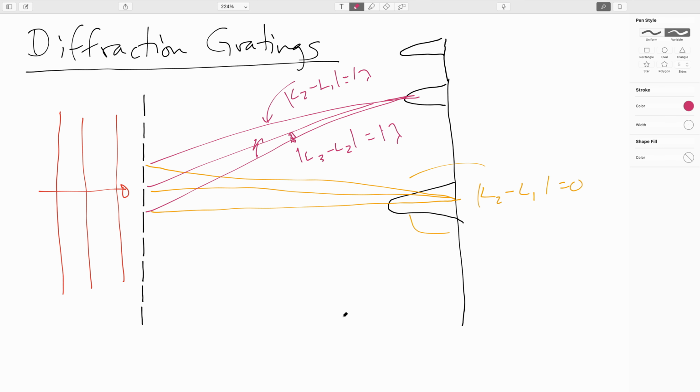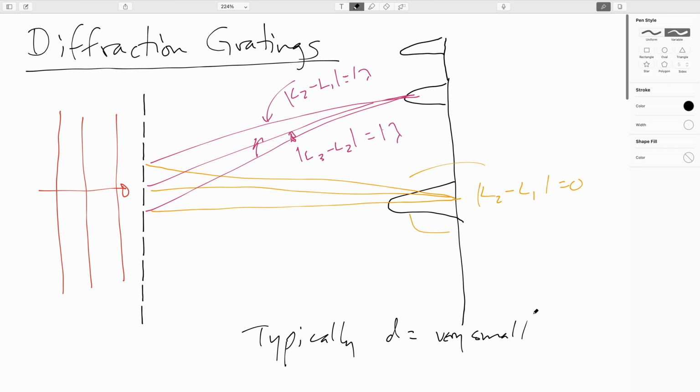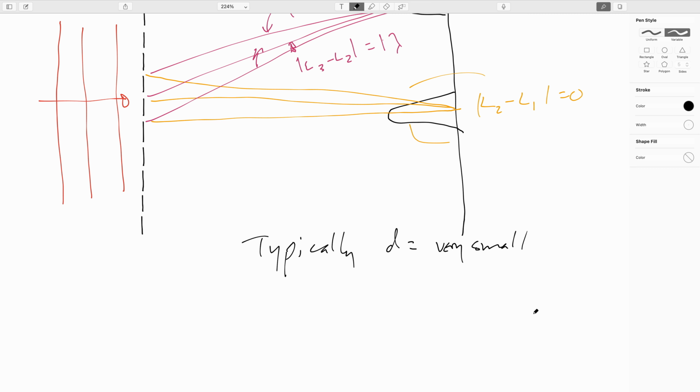So it turns out that the behavior is exactly the same kind of behavior as Young's experiment. But like I said, the difference here is that for a typical practical diffraction grating, the slit spacing is very small. And so that means it's actually small enough that the angles involved will be large. And this is by design.